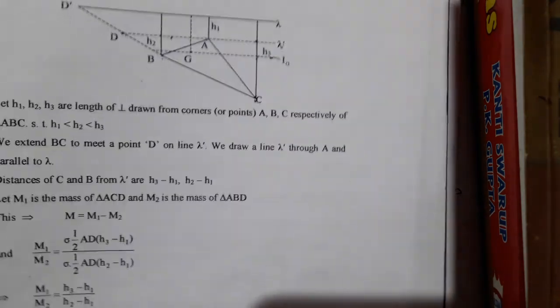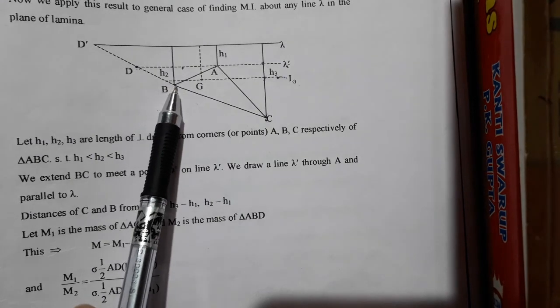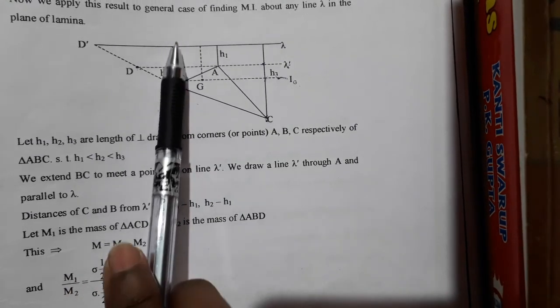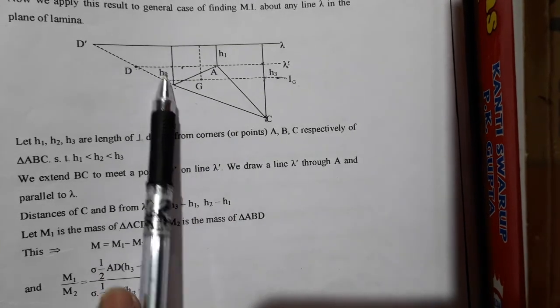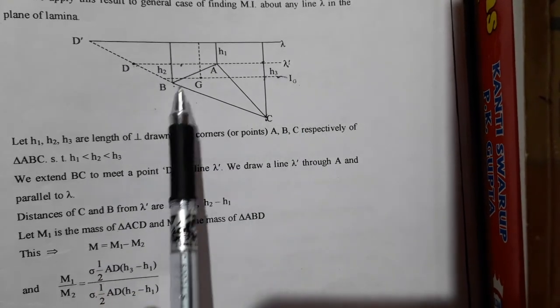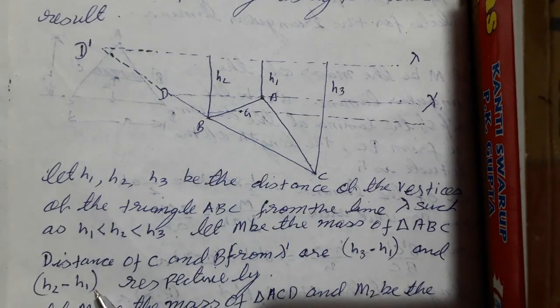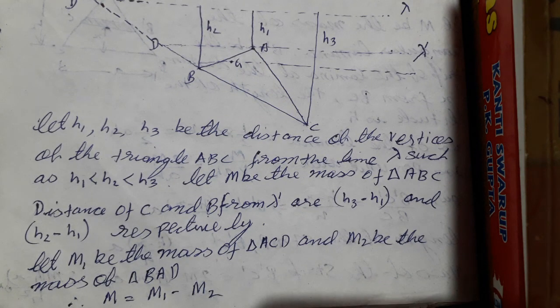In the same way we'll find the distance of B from lambda dash. I can take the whole distance minus this distance, and I get the distance of B from lambda dash, that is h2 minus h1. So we have found the distances of C and B from lambda dash. Now I'm taking the mass.